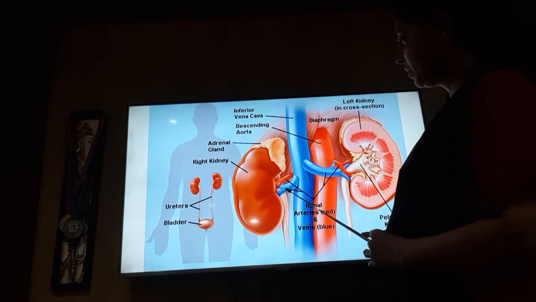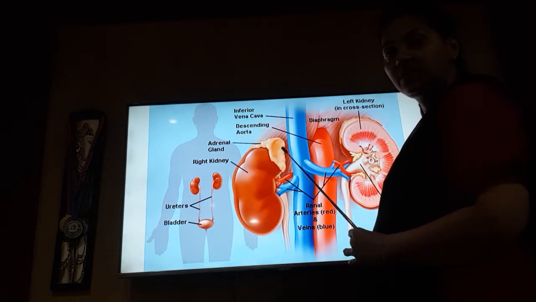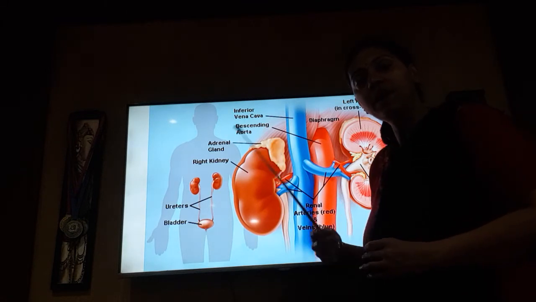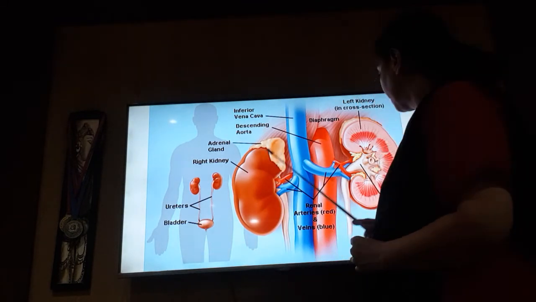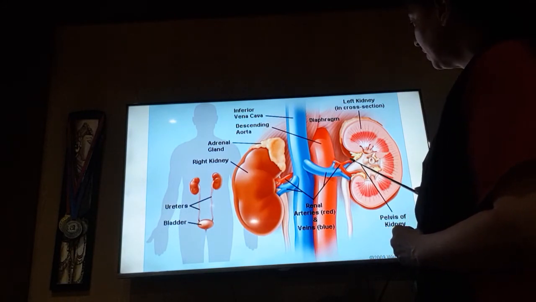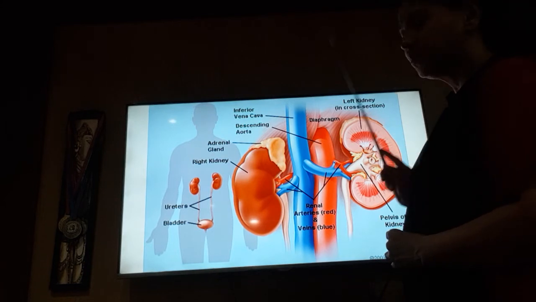In the second diagram here, you can see that one branch of the renal artery is going behind the pelvis. Don't confuse yourself, because that has to be a little thinner than the real renal artery. So the pelvis is always present posteriorly.